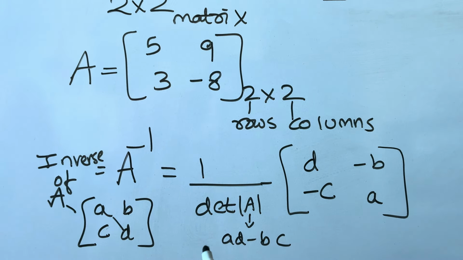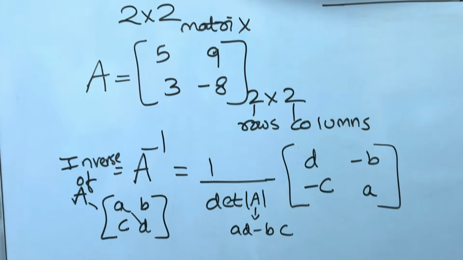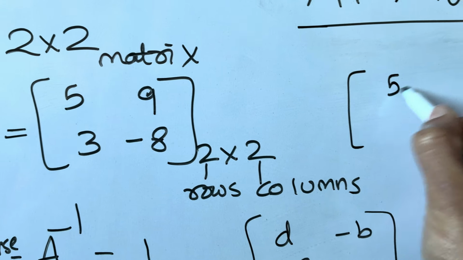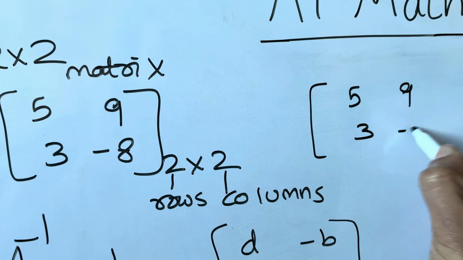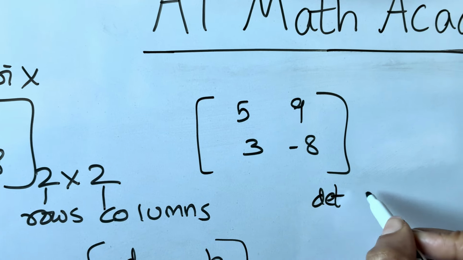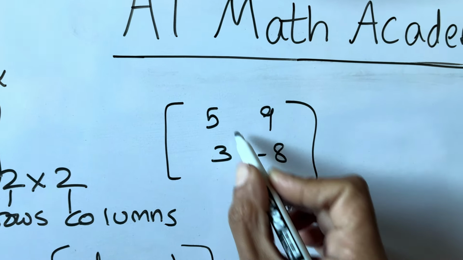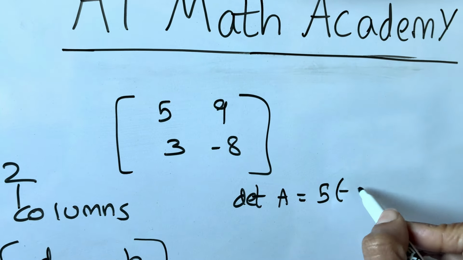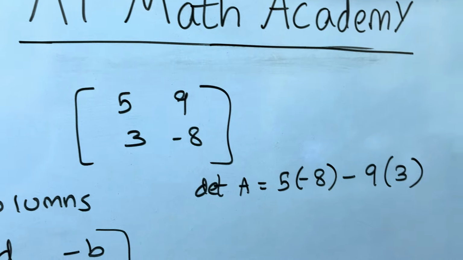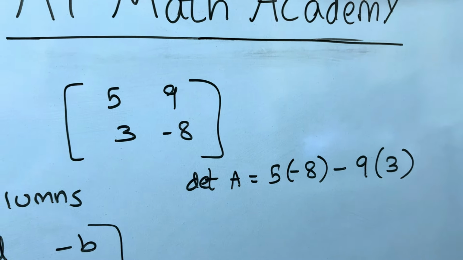So let's start for our example here: 5, 9, 3 and minus 8. For finding the determinant of this matrix, we need to multiply 5 with minus 8 and subtract the product of 9 and 3.